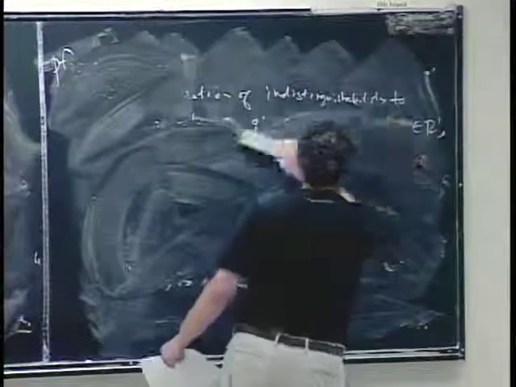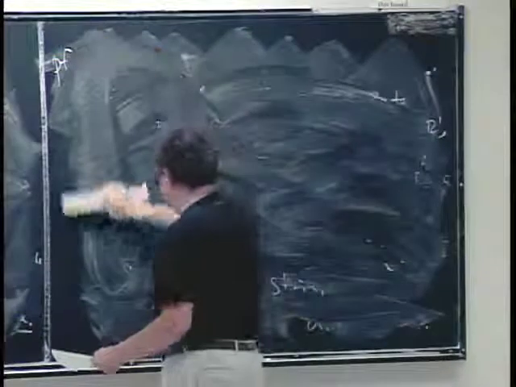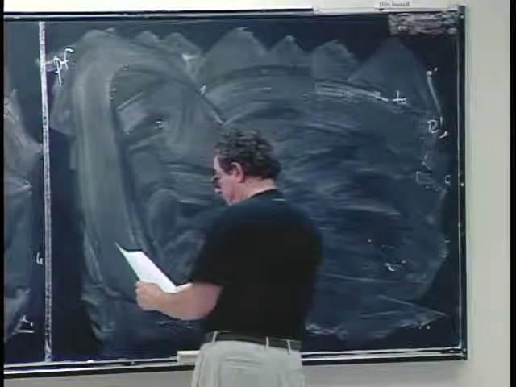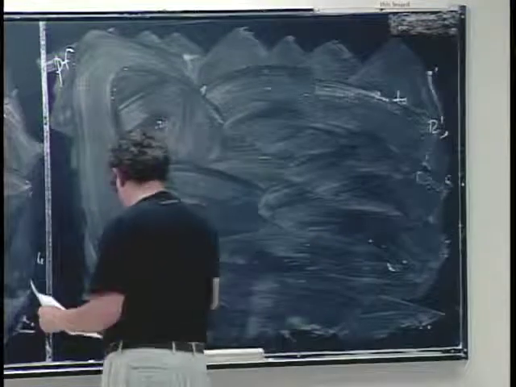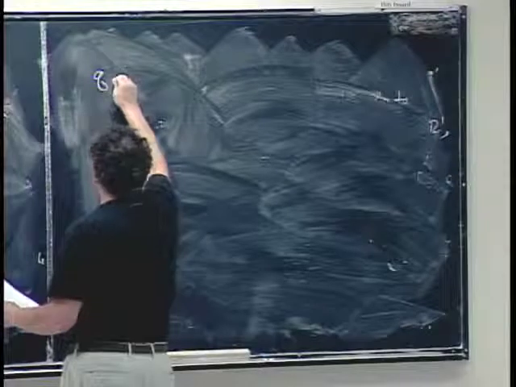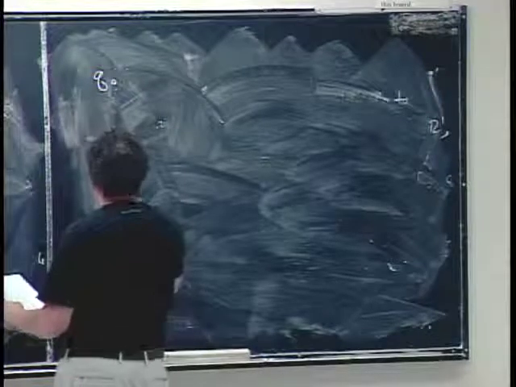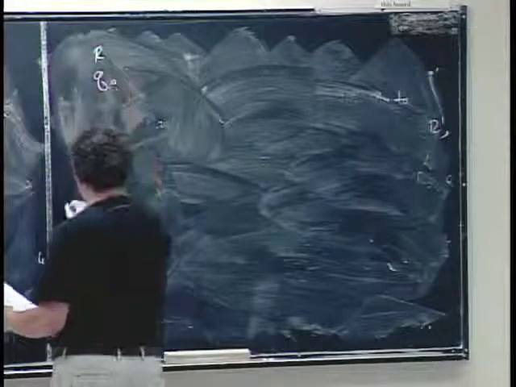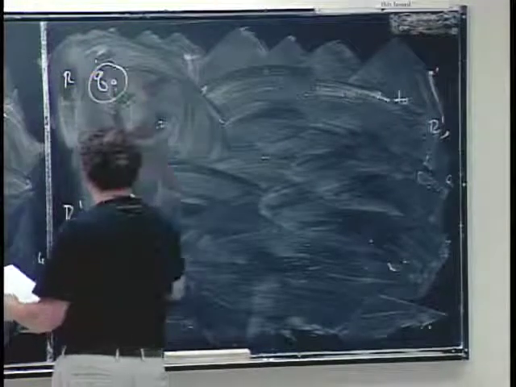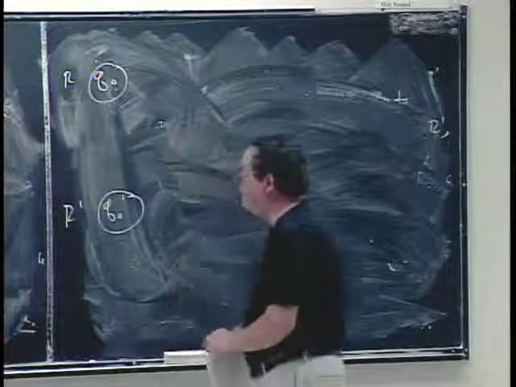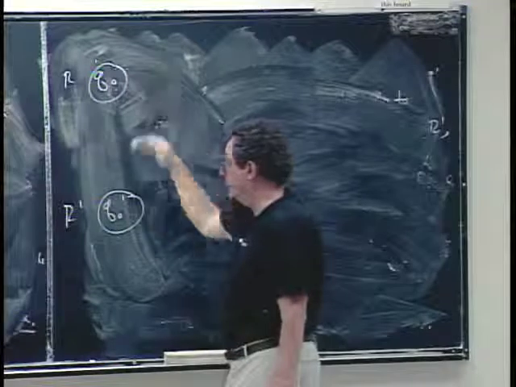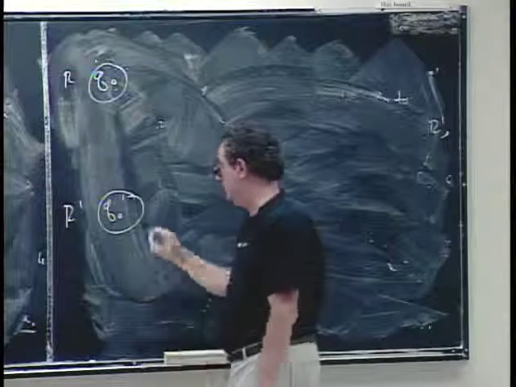Okay. So here we have Q0, and here we have Q0 prime. This is an R, and this is an R prime. And now I want to show you with the mapping of edges, the edges that go out of Q0, and the edges that go out of Q0 prime.